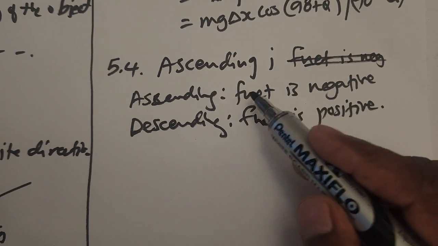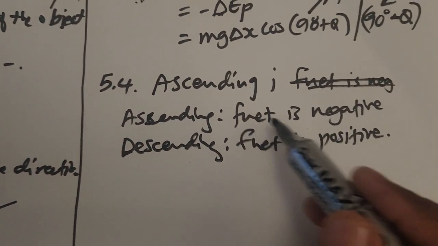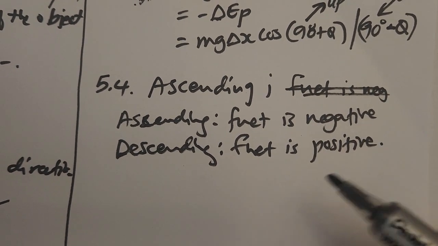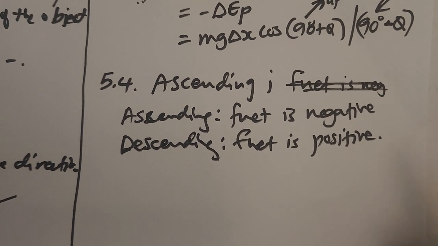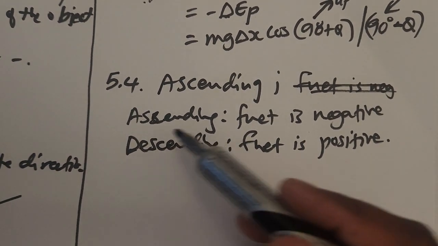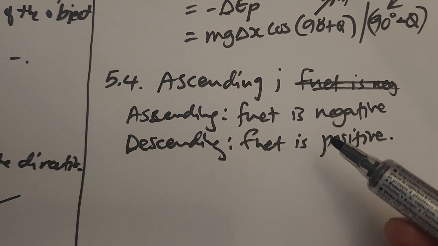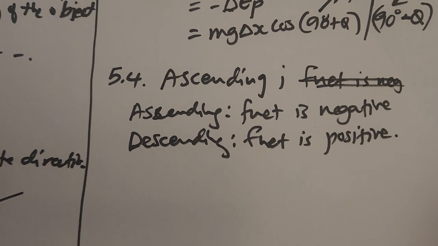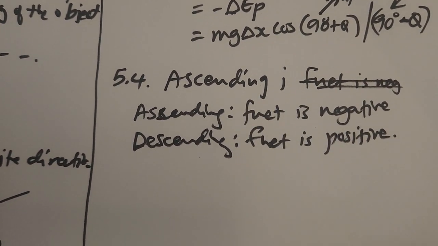Ascending, as we answered in 5.2, both the friction and the weight component of the weight are acting in opposite direction, whereas in the descending it is only friction that is acting in opposite direction. Or just explain only in terms of the weight, to say in ascending the weight is acting in opposite direction, in descending the weight is acting in the direction of the displacement. That will be reason enough. This is the 3 marks in this case.